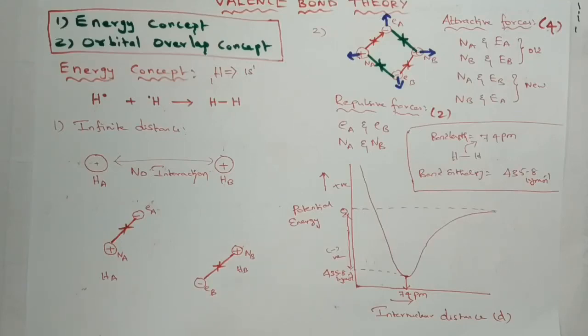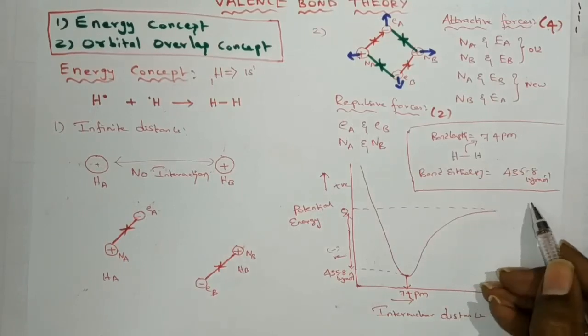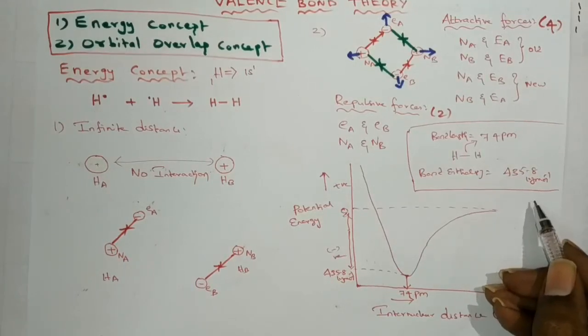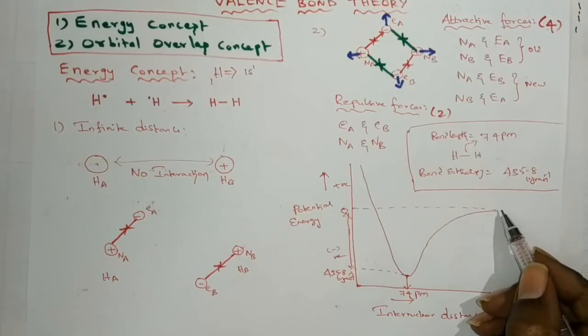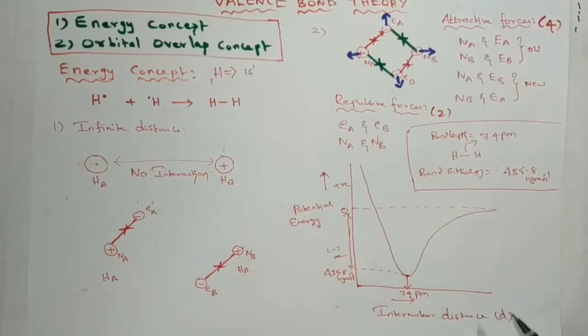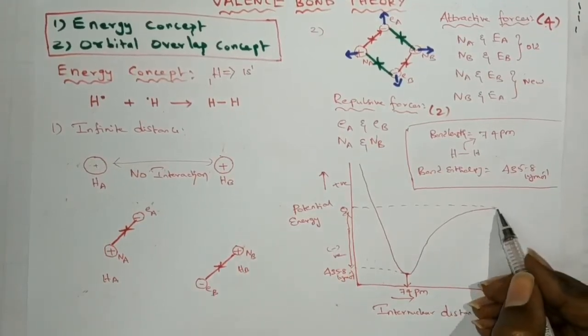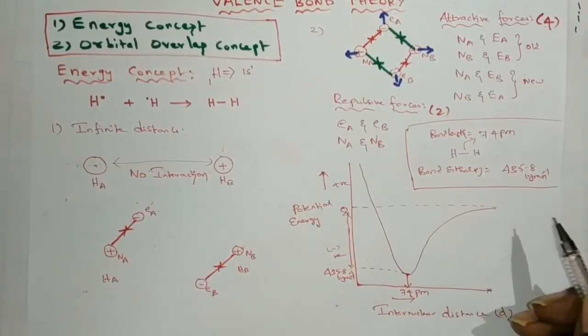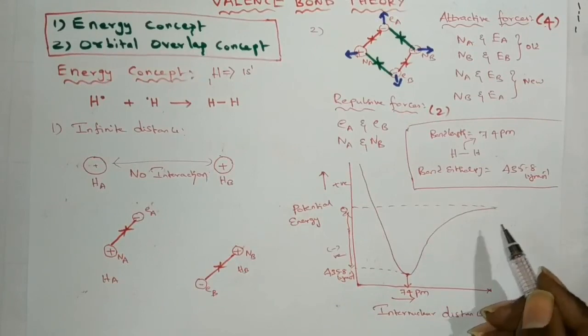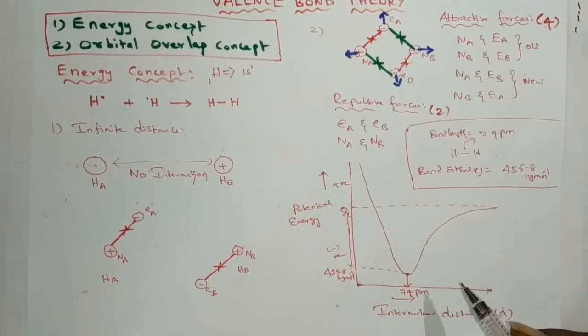As the atoms stay far apart from each other, the energy of the system is almost zero. At large internuclear distances, the energy is almost zero. But as they come close to each other, the system starts losing its energy.